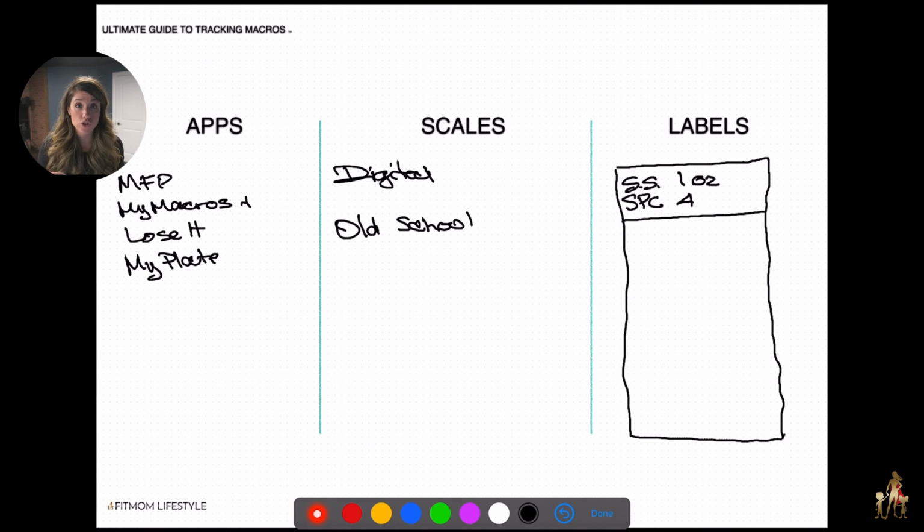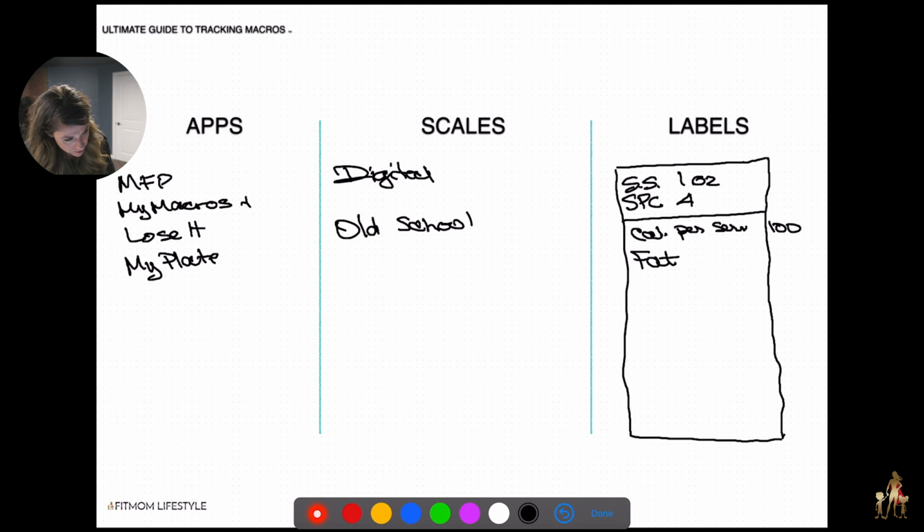And then on the nutrition label, you are also going to find the calories per serving, of course. So that's 100. You're going to find your protein content. Let's say it's just a protein source. First is your fats.